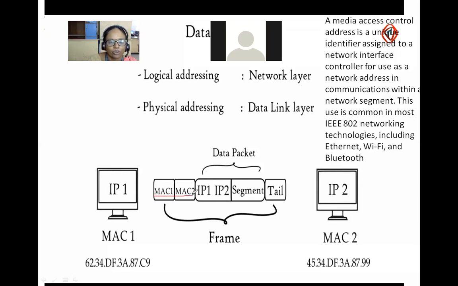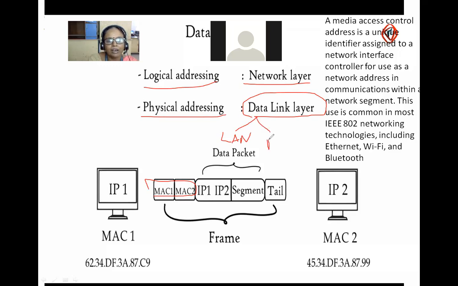The IP address, the logical address, is given by the network layer, but for physical addressing, the data link layer will look at whether the communication is through a LAN cable, a fiber cable, or Wi-Fi. That is what it focuses on and sends.